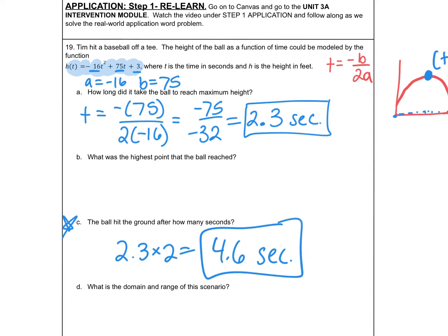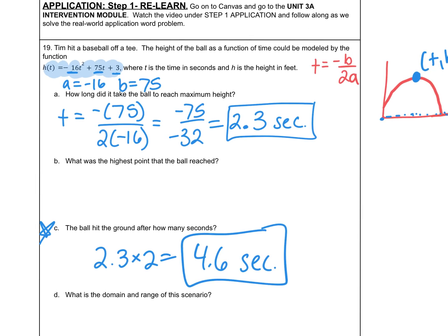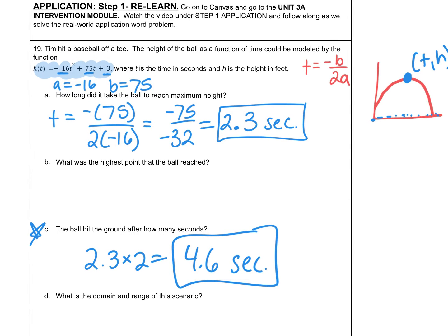Okay. And then again, we said B is still finding that vertex, but now we need to find the H value, or we usually call that X comma Y or H, K, whatever. We've got t, we just plug it in, find h. So we plug in 2.3 everywhere where we see t.